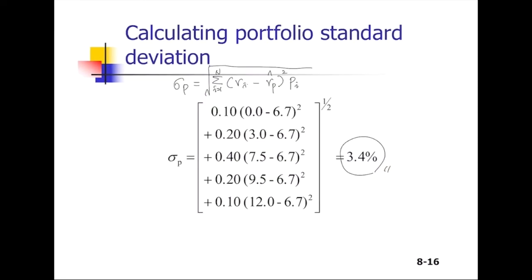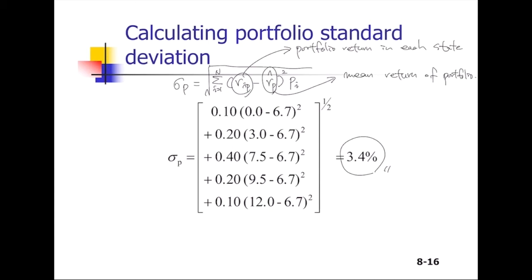Let me explain this equation one more time. This R_iP is the portfolio return in each state, and subtract this, which means the mean return of the portfolio.